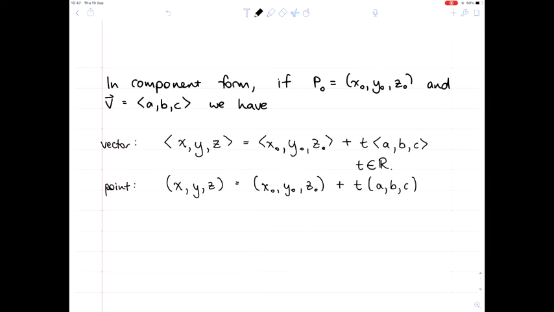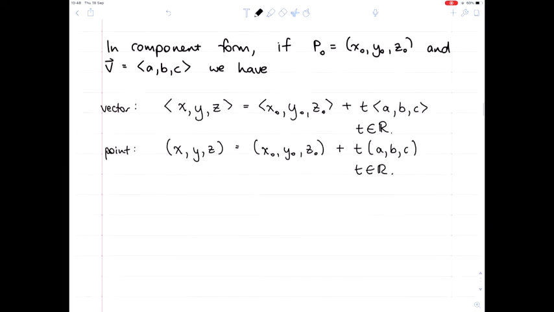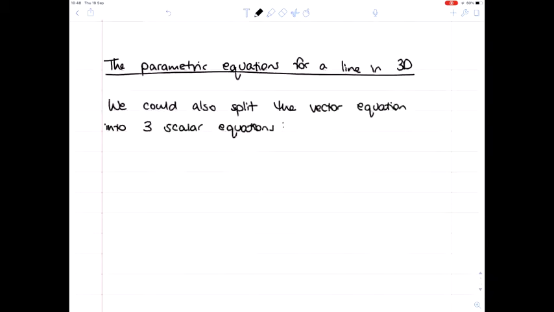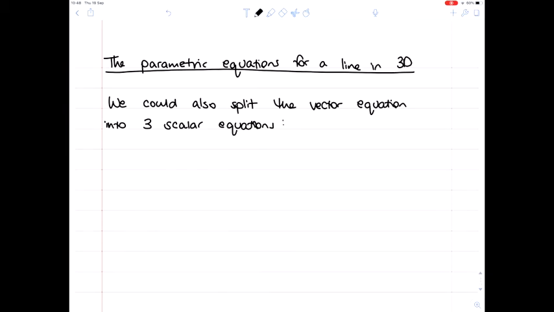So these are equivalent. You can use whichever one you like. That version of the equation for a line in 3D looks quite similar to the version in 2D, but there are other ways that we can also write equations for lines in 3D.